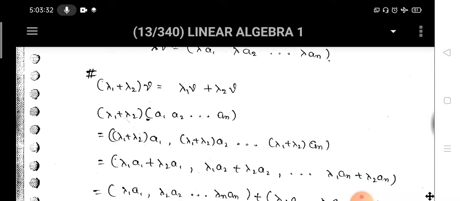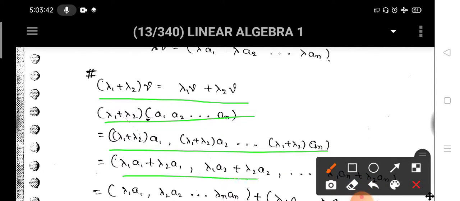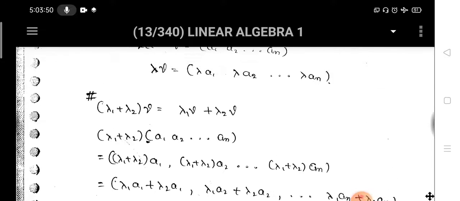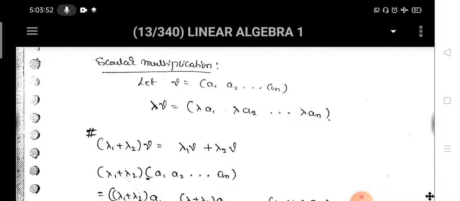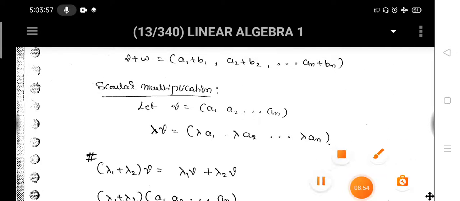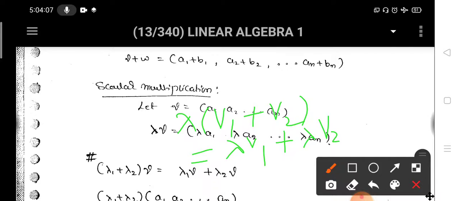Now we have to verify certain properties. The first property is this one, lambda 1 plus lambda 2 times v. If you go on doing this, it is very easy, and you can find that this is equal to lambda 1 v plus lambda 2 v. Similarly, the other properties are also easily satisfied, like lambda into v1 plus v2. You can easily verify that this is equal to lambda times v1 plus lambda times v2.